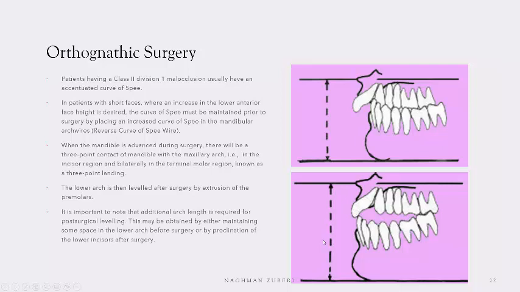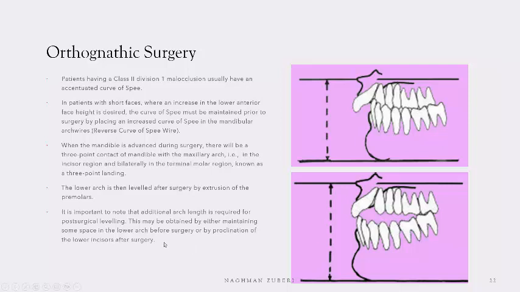Where would it be? One at the incisor region and then bilaterally at the second molar region. It will give some space occlusally for the premolars and first molar. They will erupt, they will be leveled, and they will level the curve of Spee.